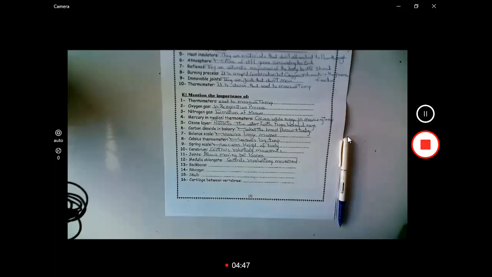Joints allow moving between bones. Number 12, medulla oblongata controls the involuntary movements like motion of respiratory system organs, motion of digestive system, and the heartbeat.